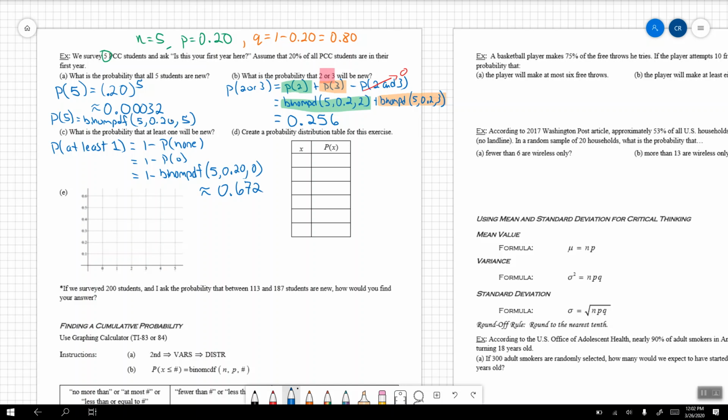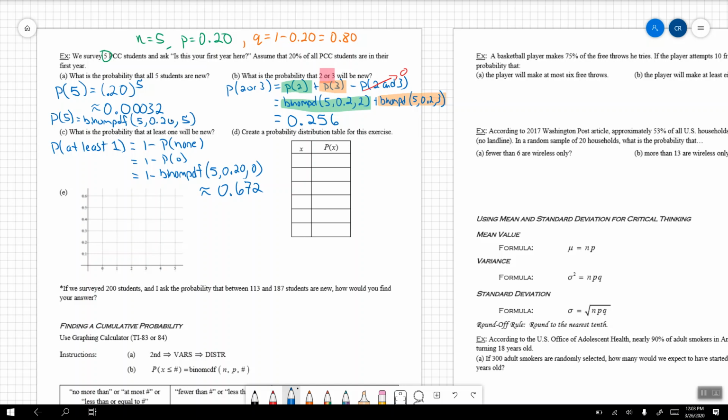Now, part D, we want to create a probability distribution for this exercise. So probability distribution. Again, we need to identify what is n, what is p, and what is x. So for this, we're going to have a nice little trick. And in order to do that nice little trick, we need the calculator. Now, we want to fill in these probabilities with these associated corresponding variables.